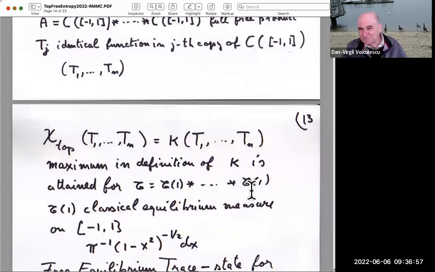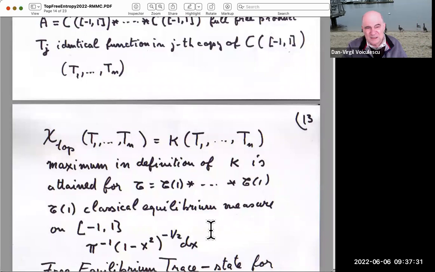Remember, the free entropy in the case of one Hermitian element is essentially a minus logarithmic energy. This is maximized by the arcsine law: on the set [-1, 1], the maximum for this free entropy is attained for the arcsine distribution.